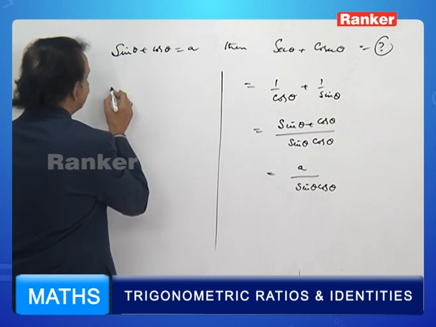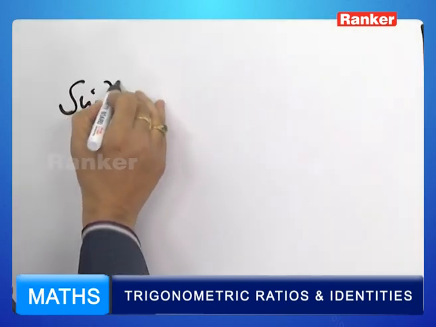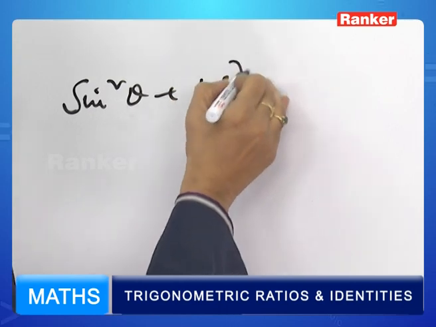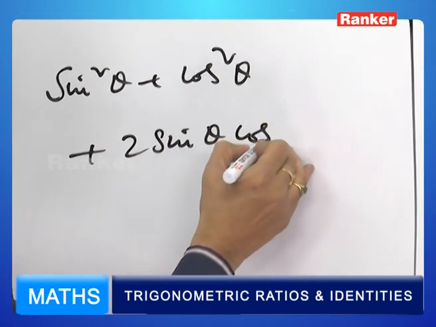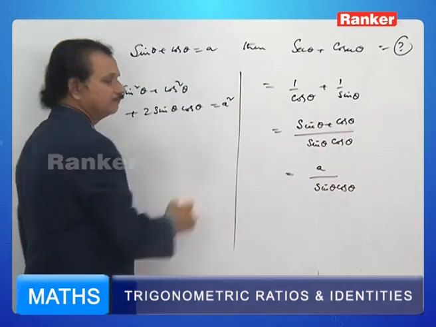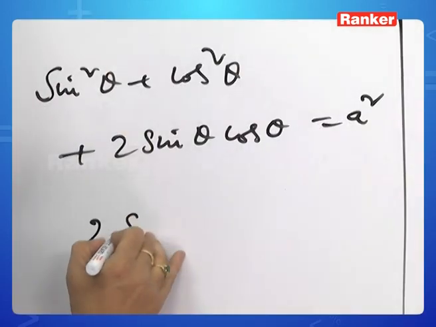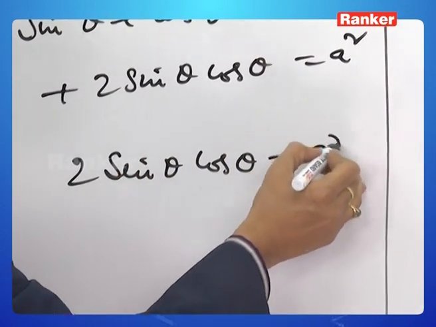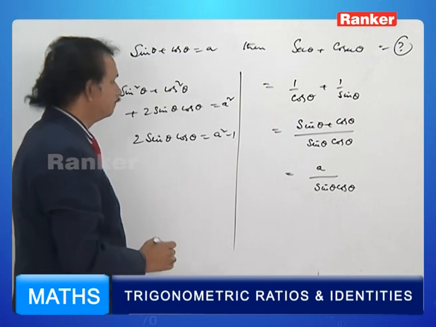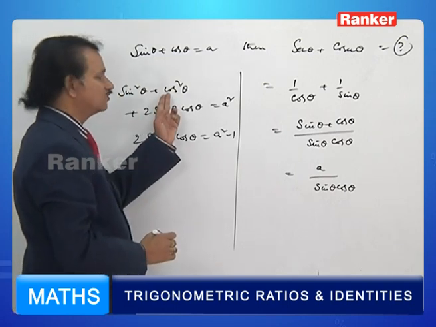Well, now use it. Square it on both the sides. Sin square theta plus cos square theta plus 2 sin theta cos theta is equal to A square. From this, 2 sin theta cos theta is equal to how much? A square minus 1. Am I right? Sin square theta plus cos square theta is 1.